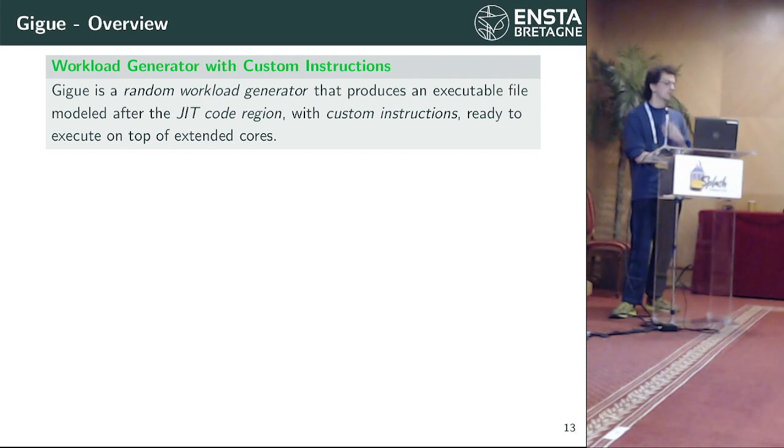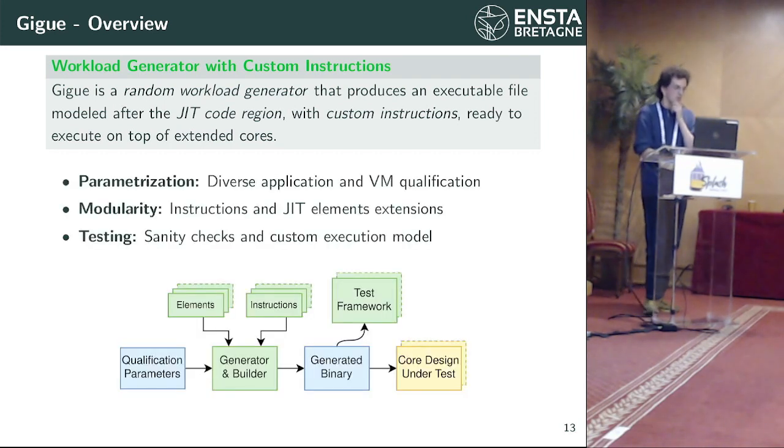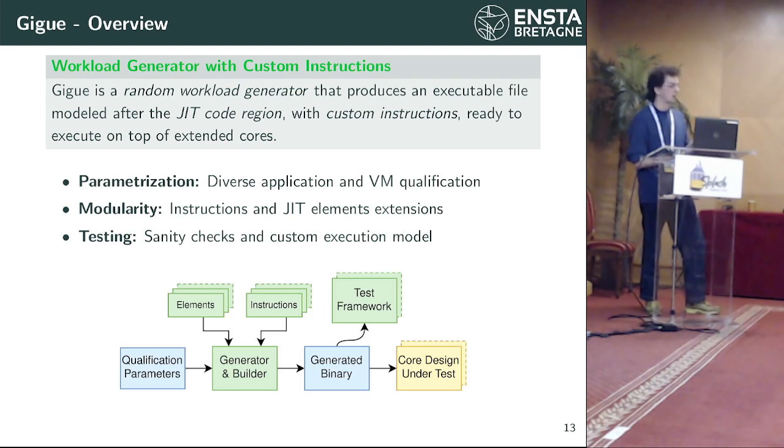It's a random workload generator that will produce an executable file modeled after the JIT code region and support custom instructions, ready to execute on extended cores. We designed it around three main ideas: parameterization, so it takes input parameters to qualify diverse applications and VMs.